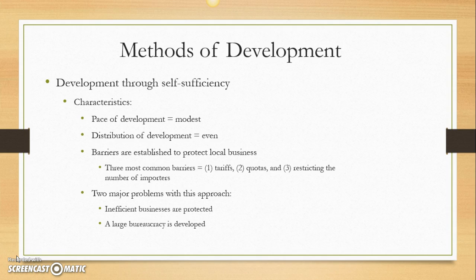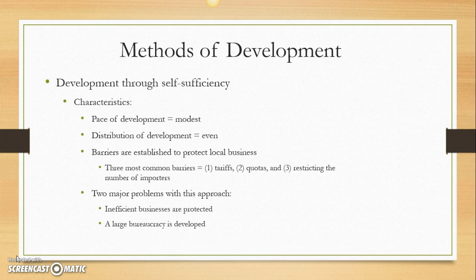And three of the most common barriers that national governments put in place to protect local businesses are tariffs, import taxes, okay, quotas, which means they only allow a certain number of an item to come through, and last but not least, restricting the number of companies or the number of countries that are allowed to be importers. And typically these are used all together in some combination to try and make local businesses more competitive with international businesses that have a little more experience at this.